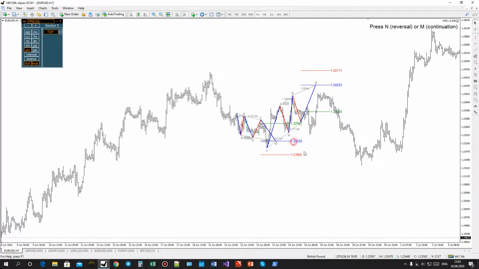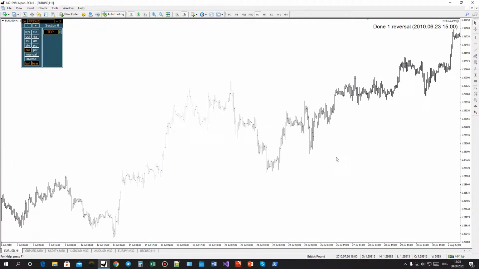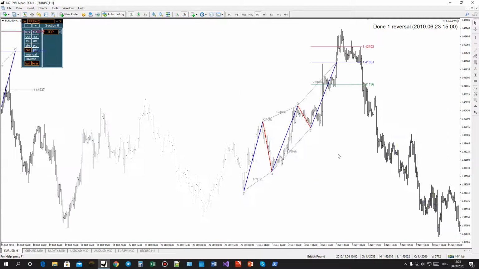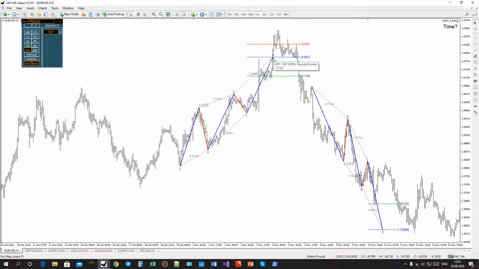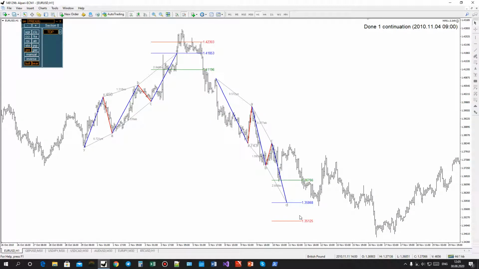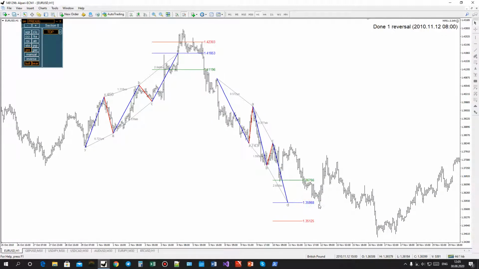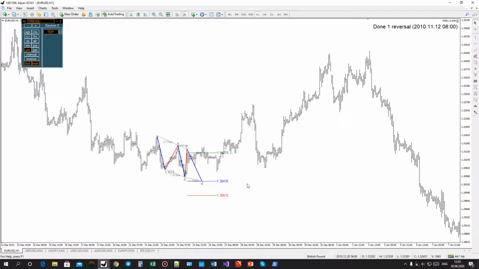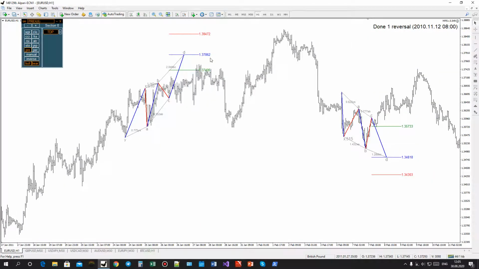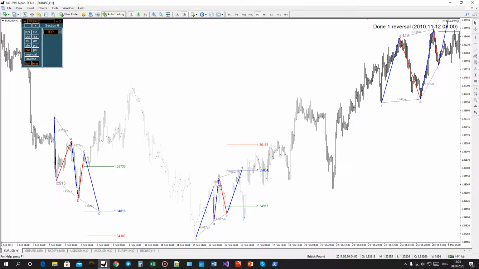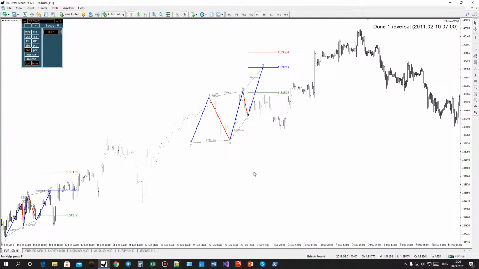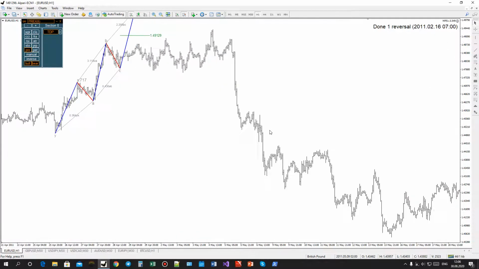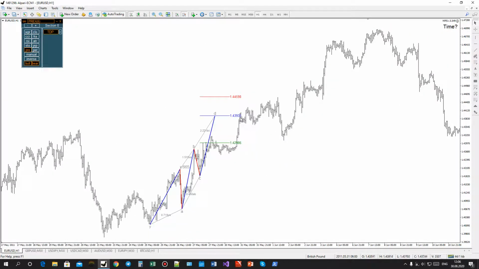Okay, this one was a win, second one invalidated. Okay, nothing here. This one was a loss. This one was a win, sharp reversal. Nothing here. Okay, invalidated. This one was a win. Looks nice sometimes, but many losses as well.